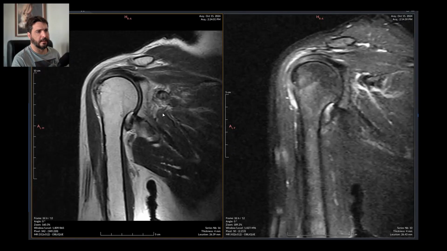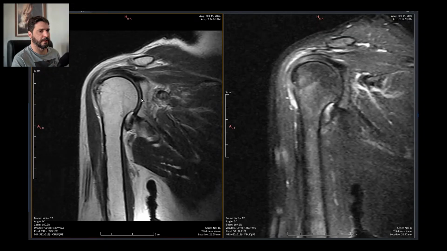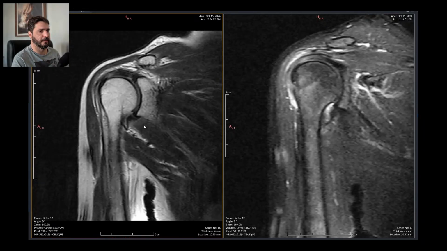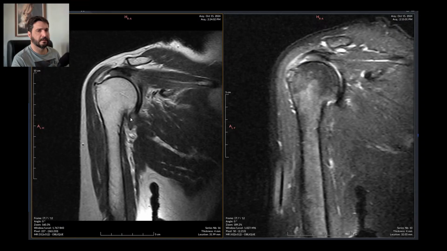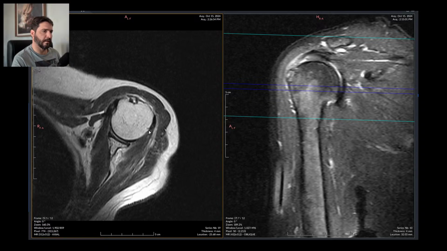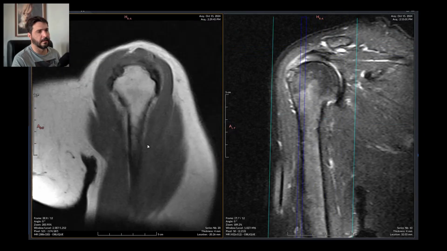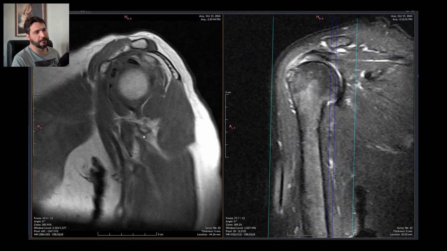Still, I can see here we have some narrowing of the cartilage and the joint space, and it seems maybe a tiny osteophyte right there, and kinda right there. So I can see there is mild arthrosis on the glenohumeral joint.